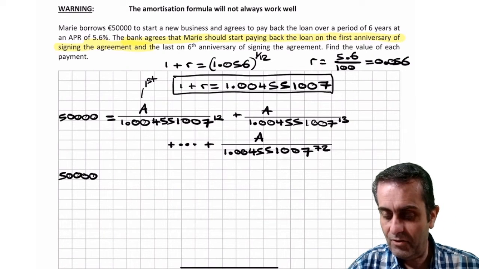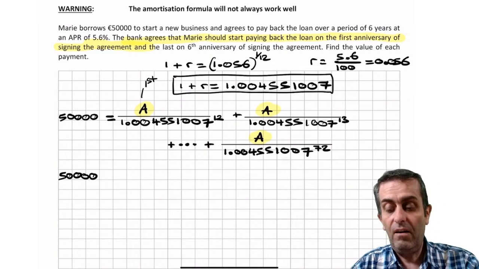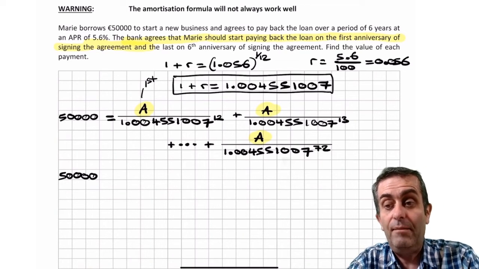So 50,000, again, just to be clear about that, we have an A here, here, here. All of the payments have a capital A on top.